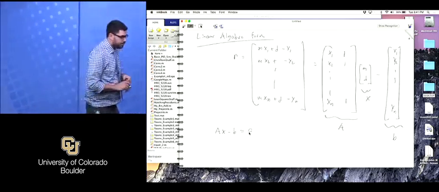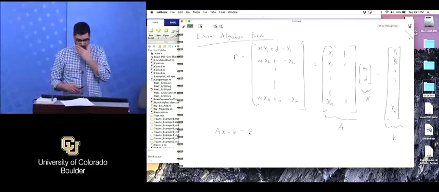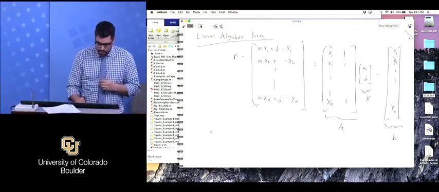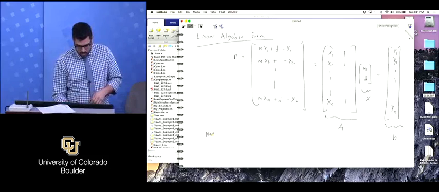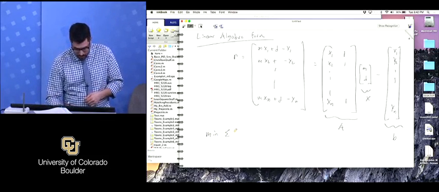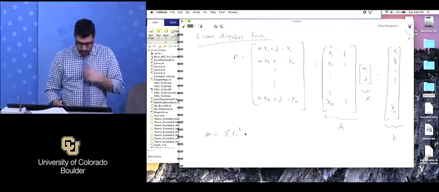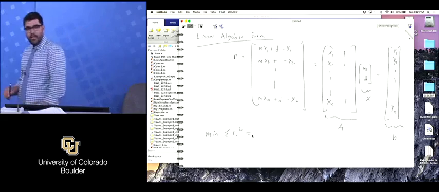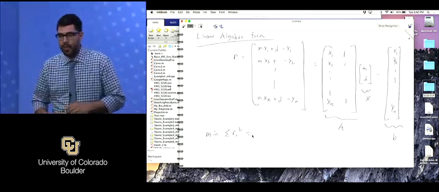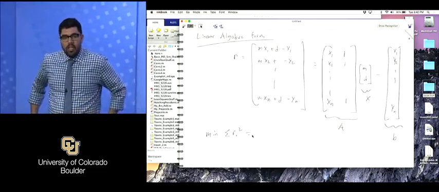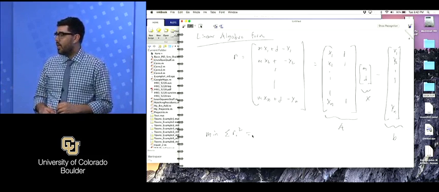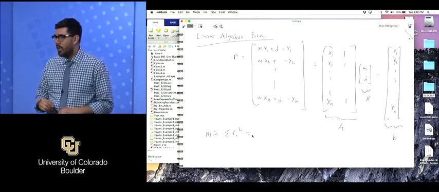Okay. Since I can't do that, what I'm going to do is minimize the sum of the residuals squared. Well, guess what? That's something we know in linear algebra terms. How could I write that? Sum of ri squared, we already saw it in the last lecture.